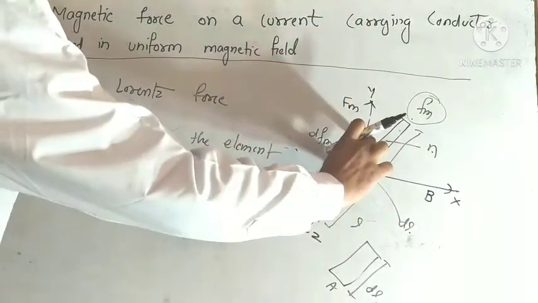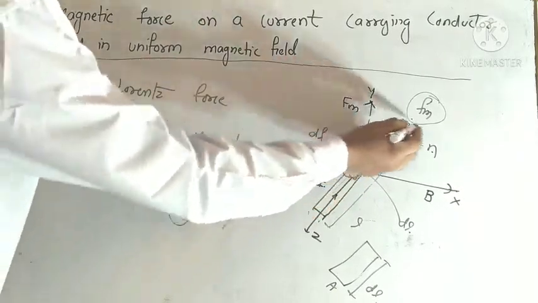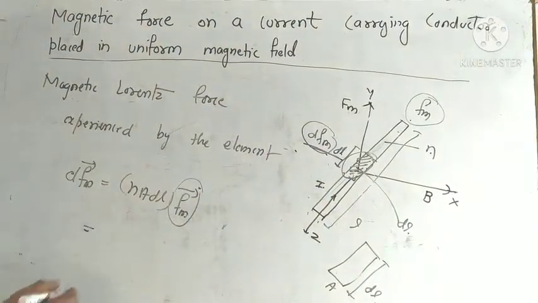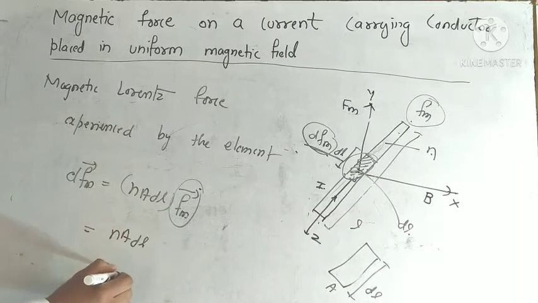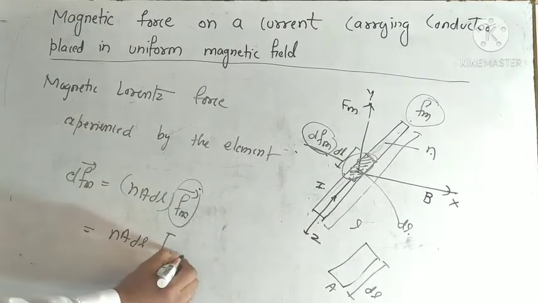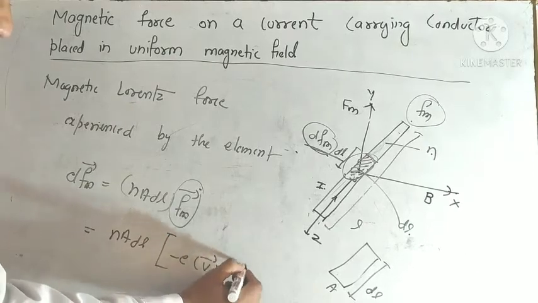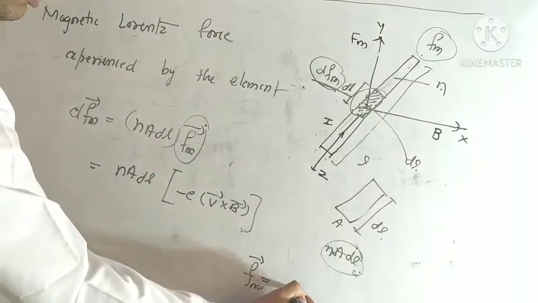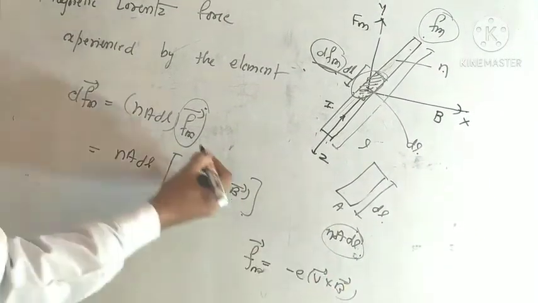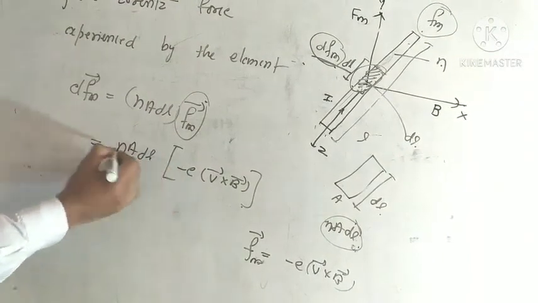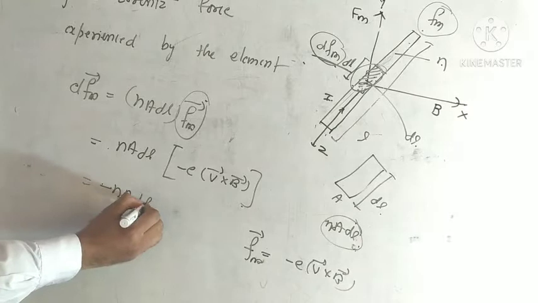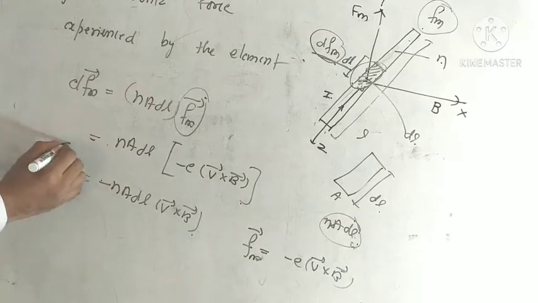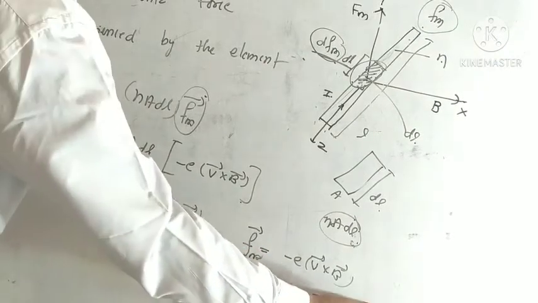But when we take a very small element, then the very small Lorentz force working on this element is dFm equal to nAdl, and we put the value of Fm. We already know that the Lorentz force is equal to minus e v cross B. We put this value here, and finally the minus sign comes here: dFm equals minus nAdl e v cross B. We give it equation number 2, and this is equation number 1.